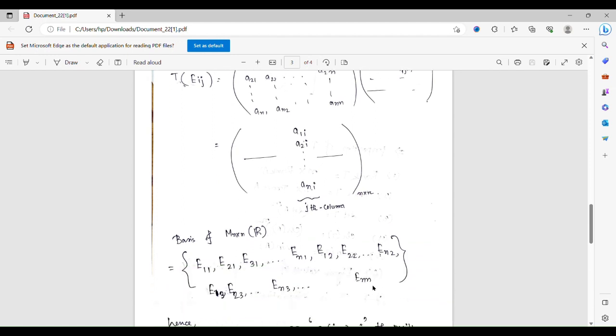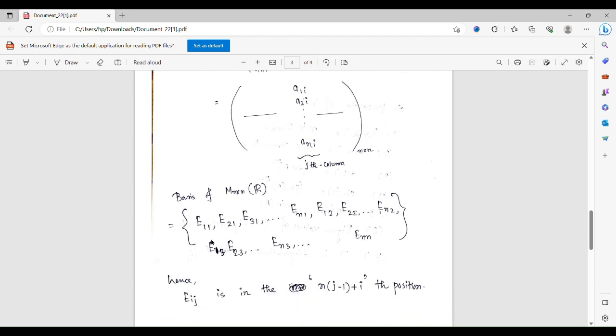Now for the basis of M n cross n R, we just make an order in this way. Let's take the order: first E11, E21, E31, dot dot dot, En1, then E12, E22, dot dot dot, En2, then E13, E23, dot dot dot, En3, and similarly so on. And finally I get E1n, E2n, dot dot dot, Enn.